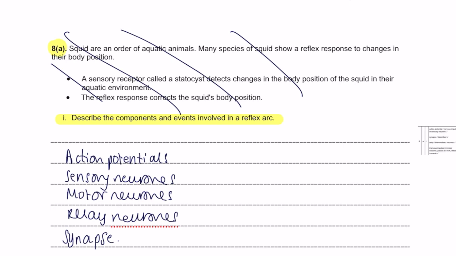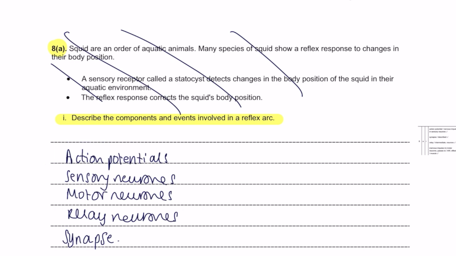No. Do I really think I've answered this question? Does this relate to this? Well, I believe so, because it's a describe question and it just wants me to say knowledge essentially. And these are actually all components of a reflex arc.